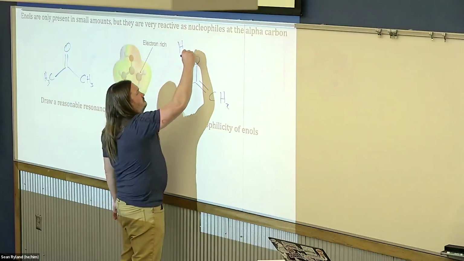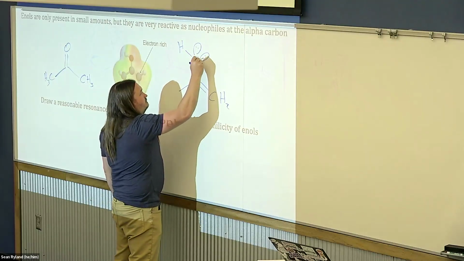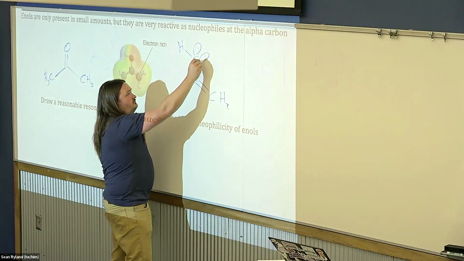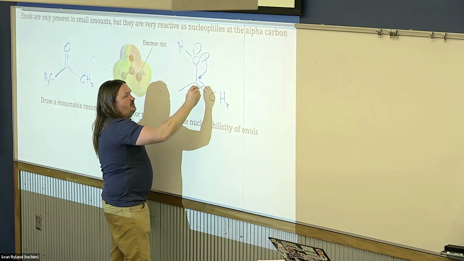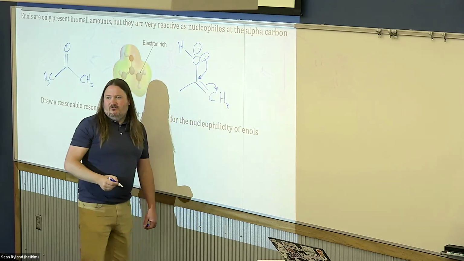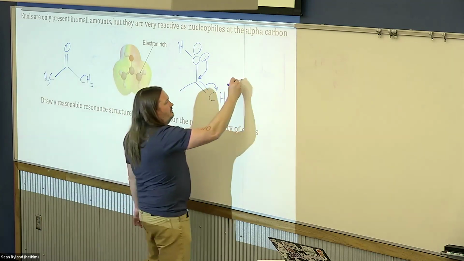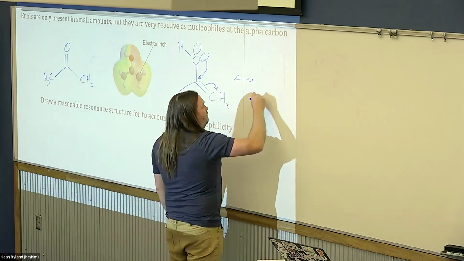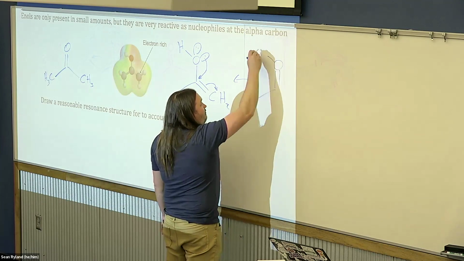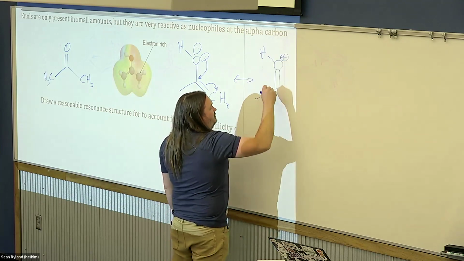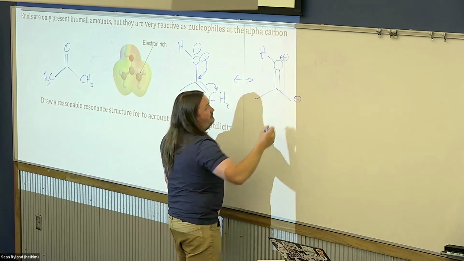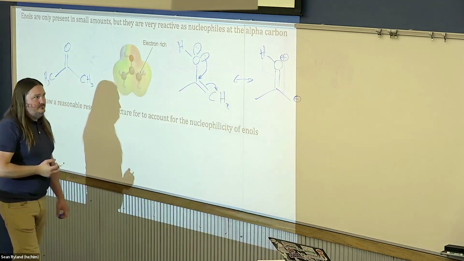Yeah, you put the positive charge on the oxygen and a negative charge on the carbon. So that's going to look like those electrons move down, those electrons move over. Then we have a protonated carbonyl with a positive charge and a carbanion at the same time.